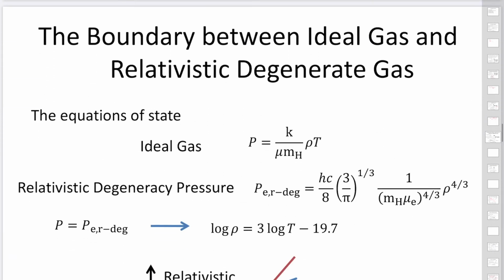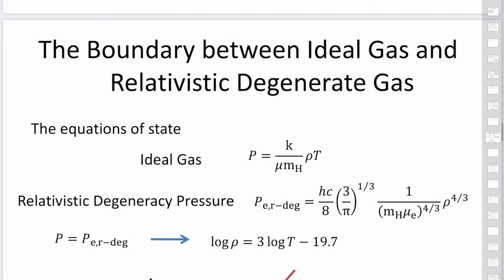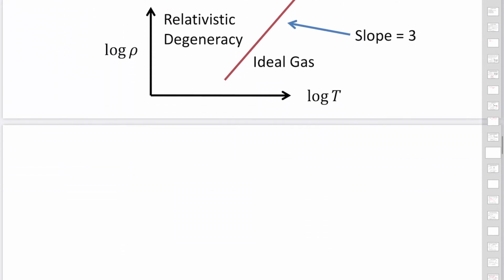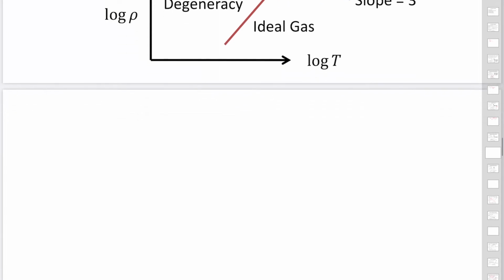And also we could find the boundary between the ideal gas and the relativistic degenerate gas. So we compare these two equations. P ideal equals P relativistic degenerate.